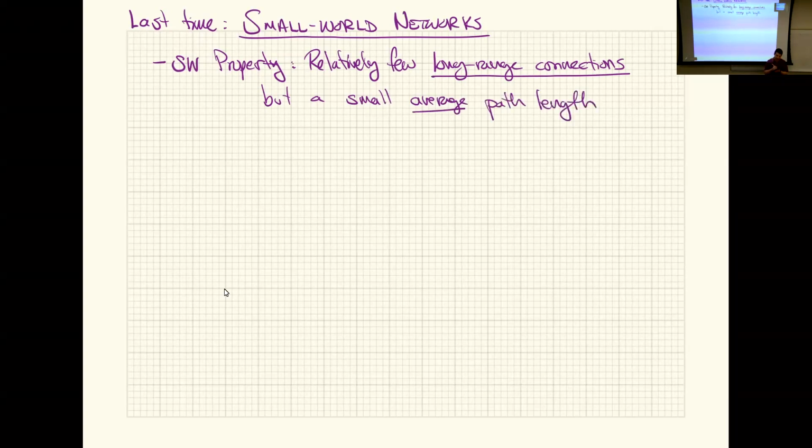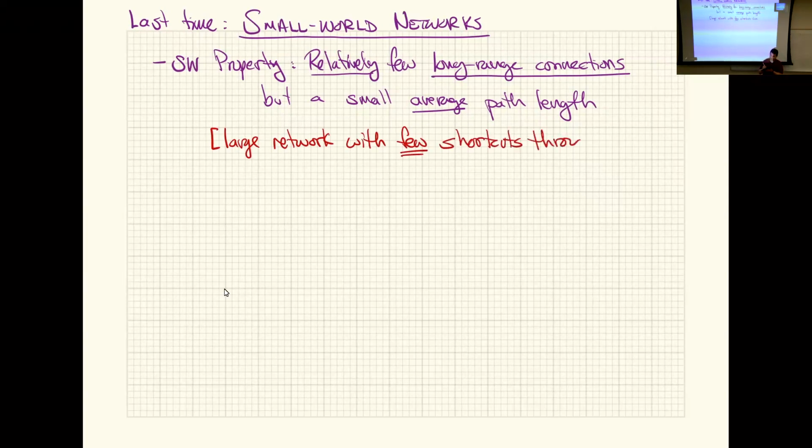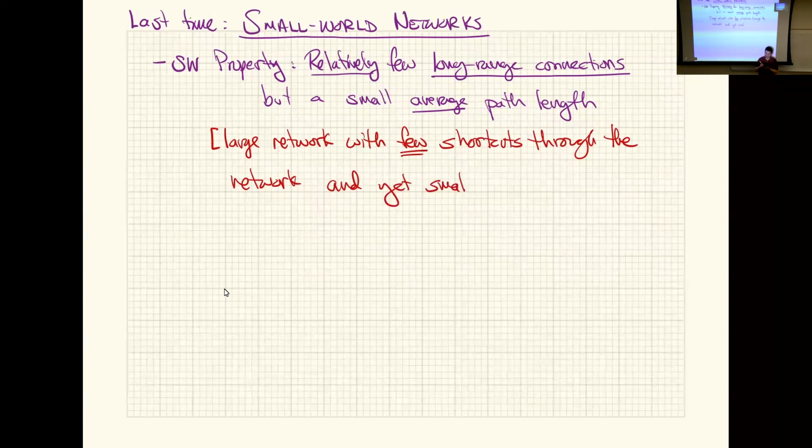And when I say relatively few, that's relative to the size of the network. So in other words, we have a large network with few shortcuts through the network, and yet a small average path length.